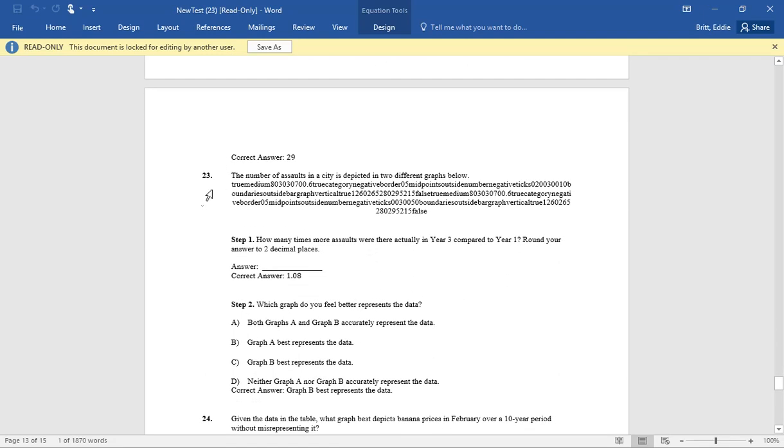All right, number 23, when I handed this out again, it looks like it just wasn't programmed correctly, so it didn't export over correctly. So I'm going to pull up problem number 23, what it will look like.